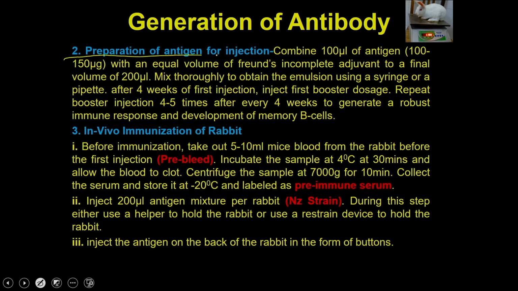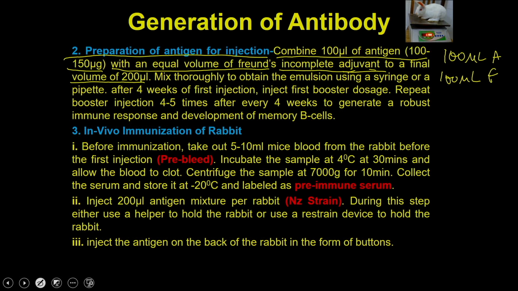For the preparation of the antigen for injection, you are going to combine 100 microliters of antigen, containing 100 to 150 micrograms of protein, with an equal amount of Freund's complete adjuvant, to a final volume of 200 microliters. So you take 100 microliters of the antigen and 100 microliters of the Freund's adjuvant, which makes 200 microliters, and you have to mix these thoroughly to obtain an emulsion using a syringe or pipette.